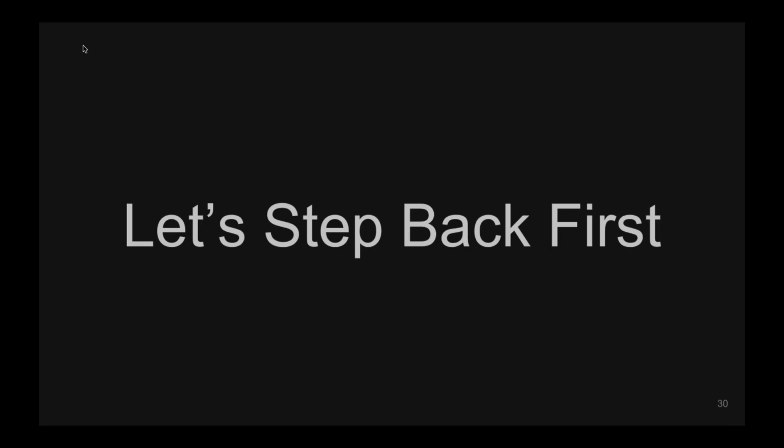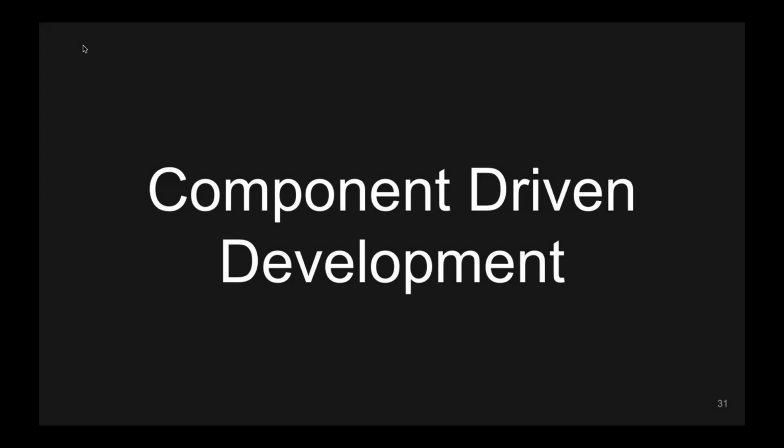But again, I have to take a step back for a second and clarify something I've already talked about, and this is called component-driven development. It has lots of names. It's sometimes called pattern libraries, but ultimately component-driven development is when you develop an app built of components. So it doesn't get simpler than that.